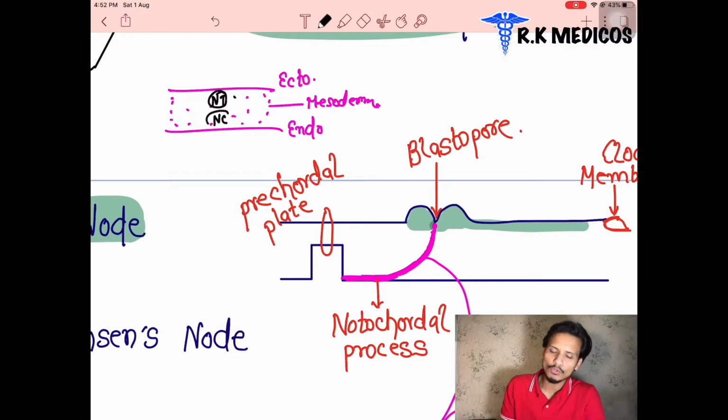So how is this notochord formed? This notochord and neural tube are basically present in between the ectoderm and endoderm, and the mesoderm is not going to line them. I already told you, the cloacal membrane and the prochordal plate are the two regions where it is not going to line. So for the neural plate and the neural tube, we are going to see how the notochord develops.